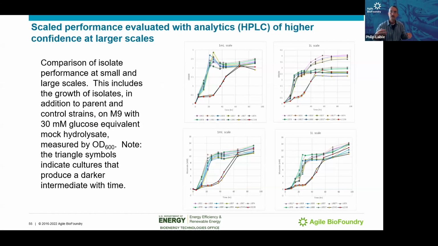So with these larger scale evaluations, we have more confidence in our analytics, both for the growth shown in the top 2 figures at 2 different scales and the production of muconic acid shown in the bottom. But we're going to show this in different ways, rather than showing you these production curves. Next slide, please.